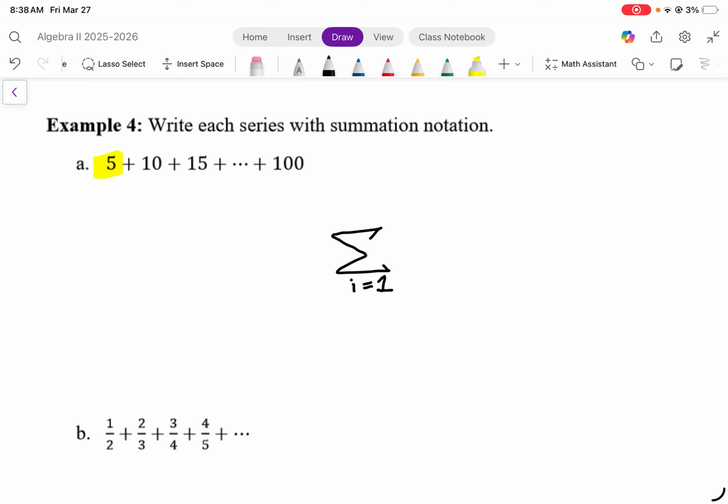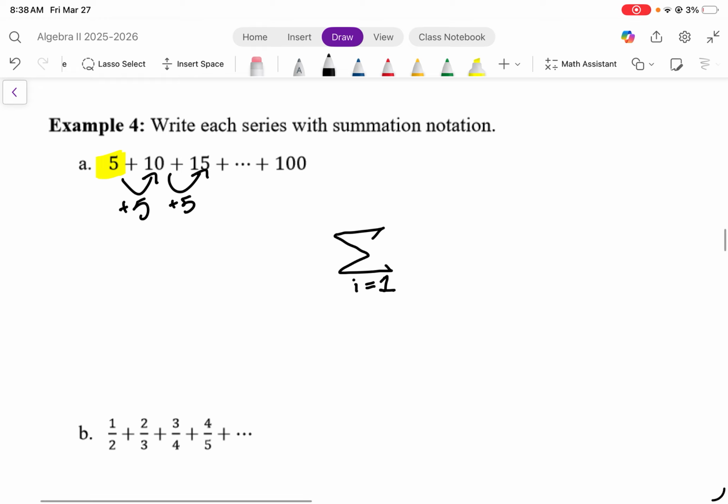Then we're going to write the rule. If I look at this one, it looks like I am adding a consistent value of 5. So my rule is going to be 5i. If I take 5 times 1, that's 5, and if I take 5 times 2, that's 10, and 5 times 3 is 15.